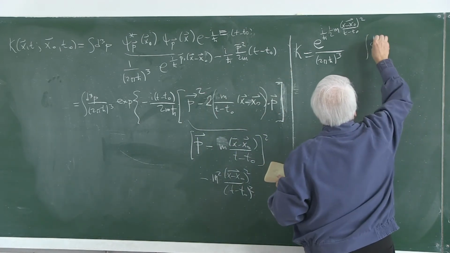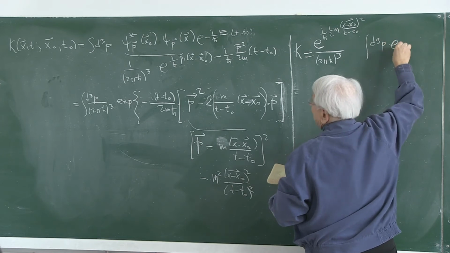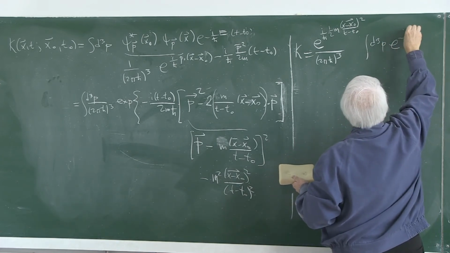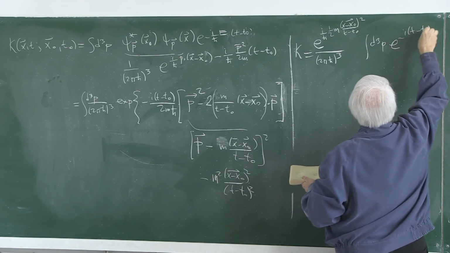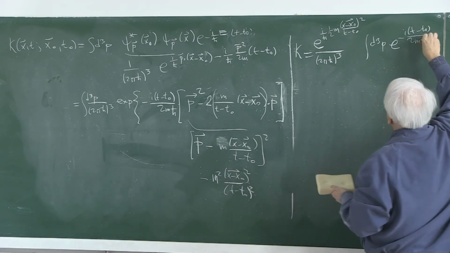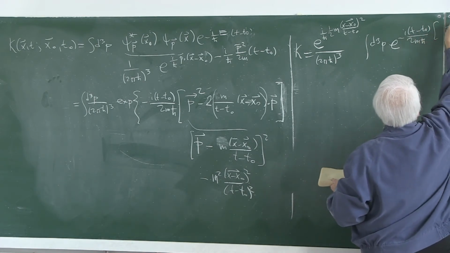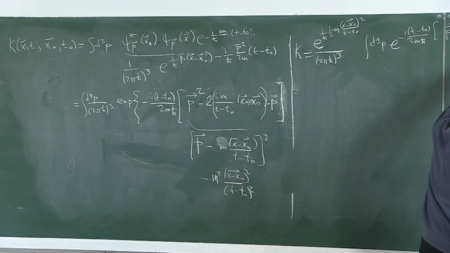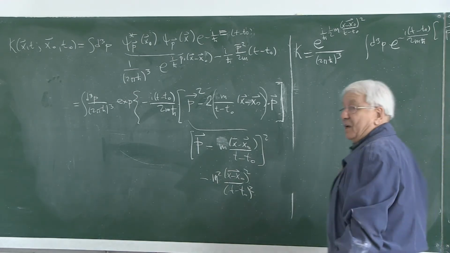The remaining is d cube p, e to the minus i (t minus t0) divided by 2m h bar, times p minus something, squared. Can we afford to be using that ambiguous language, something?